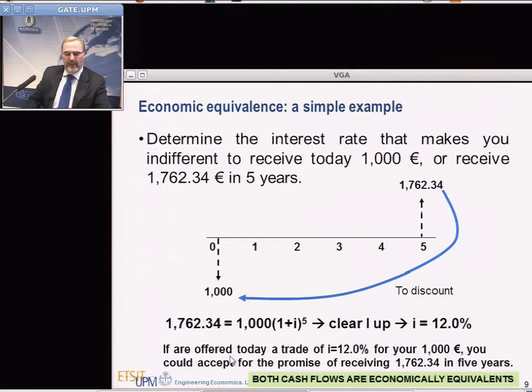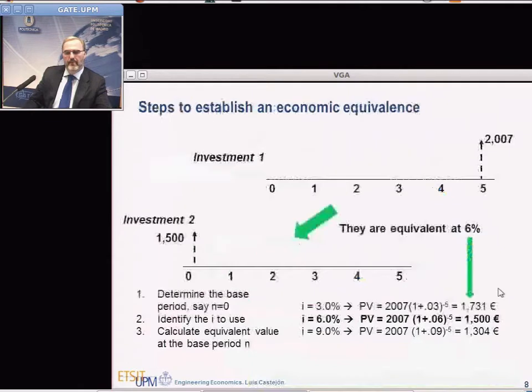So if we are offered today an interest rate of 12% for our 1,000 euros, you could accept for the promise of receiving 1,762 euros in 5 years. So both cash flows are economically equivalent. That summarizes the economic equivalence problem.